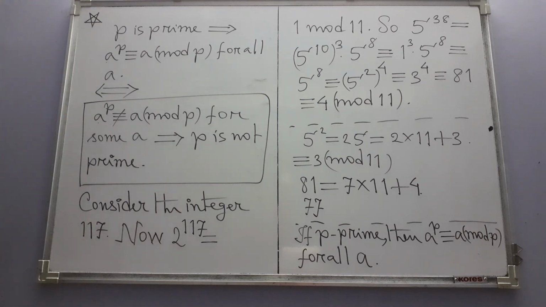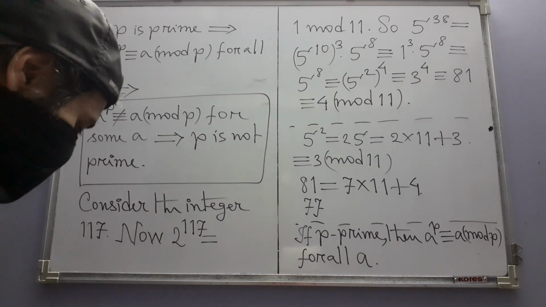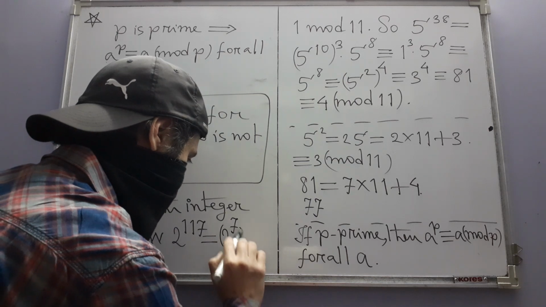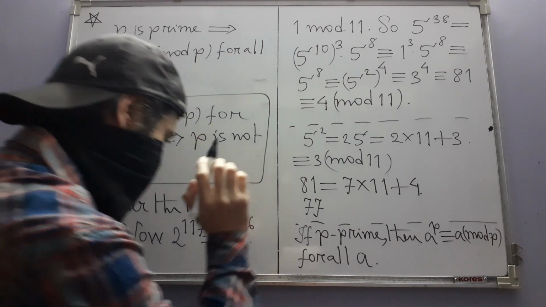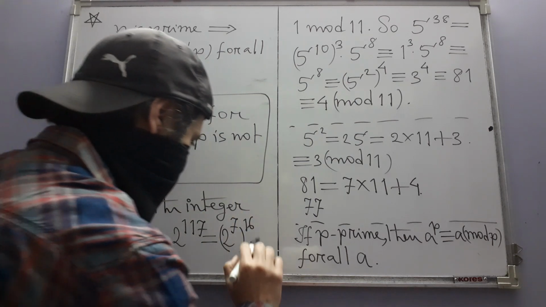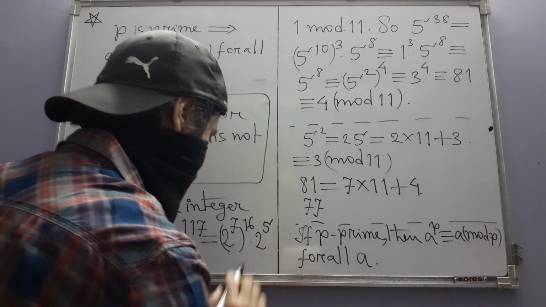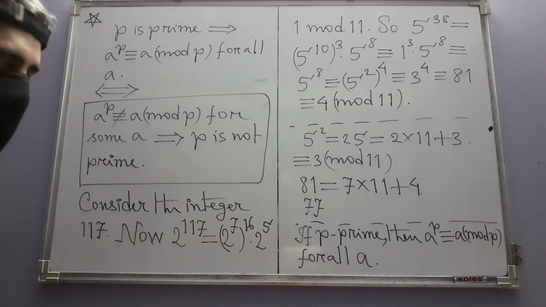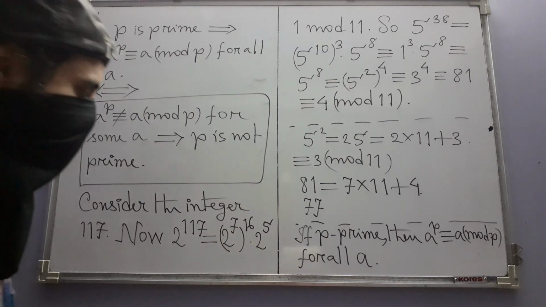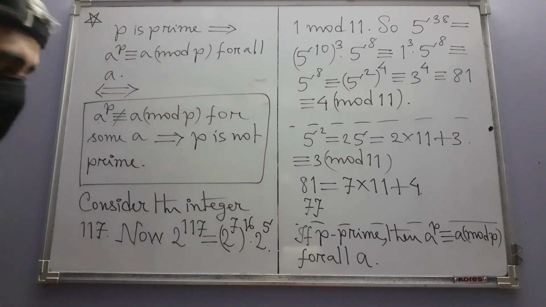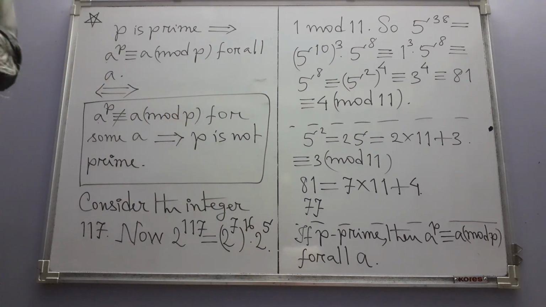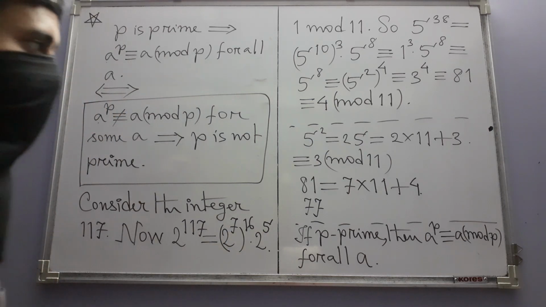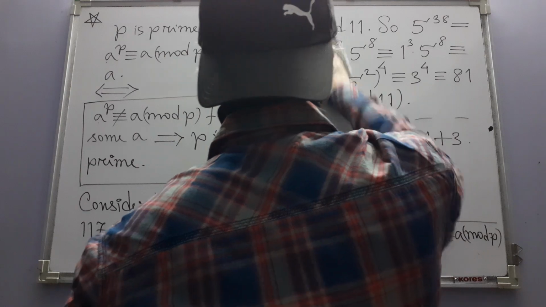The author has noted that this is 2 to the power 7 to the power 16 times 2 to the power 5, because 7 times 16 plus 5 is 117. So the rules of exponents have been used here. Now what can we do with these smaller powers of 2, 2 to the power 7 and 2 to the power 5? That's what we will next see.